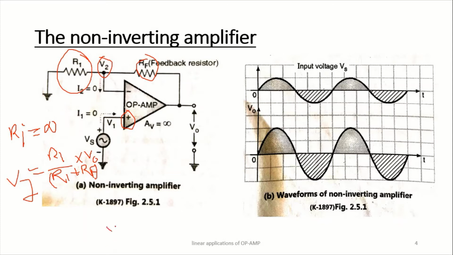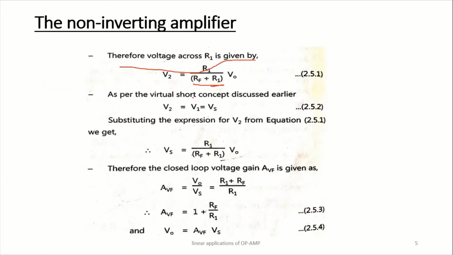So we can write V2 is equal to V1 is equal to Vs. Due to the virtual short concept, all three of these voltages are the same.